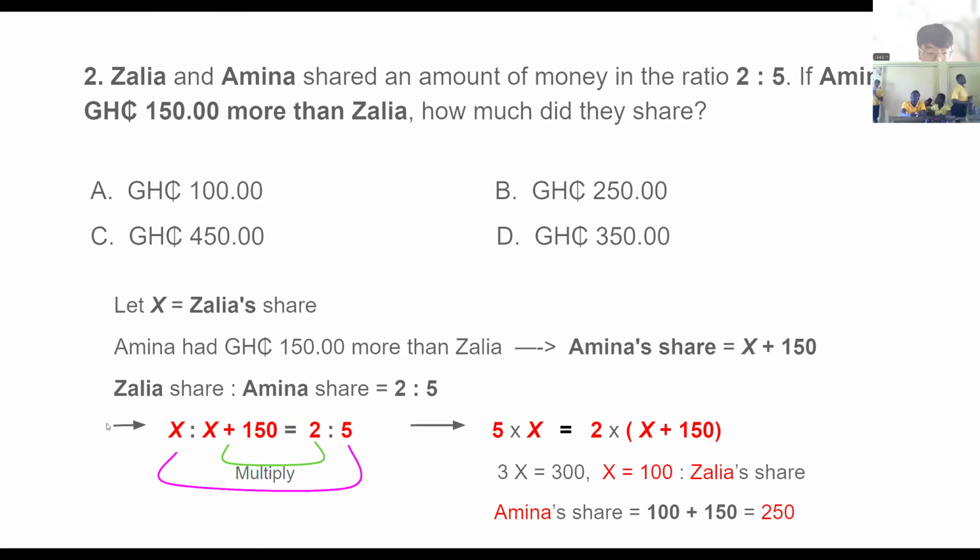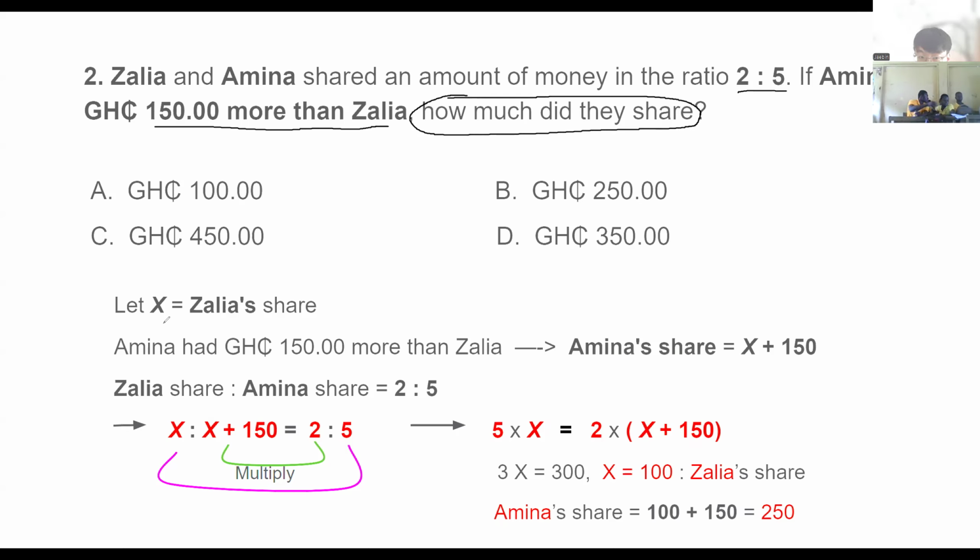So I will go through this one more time. We were looking at this question where Zalia and Amina shared the money in the ratio 2 to 5. And it said, if Amina had 150 more than Zalia, how much did they share in total?